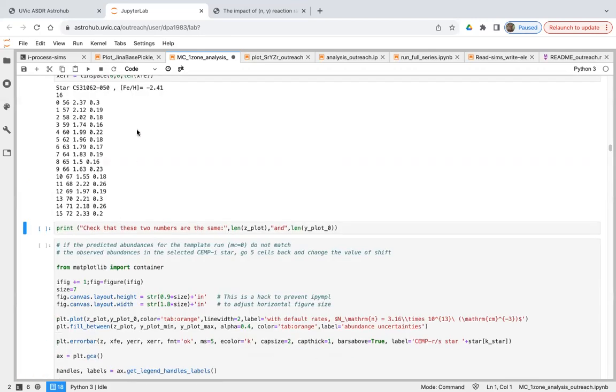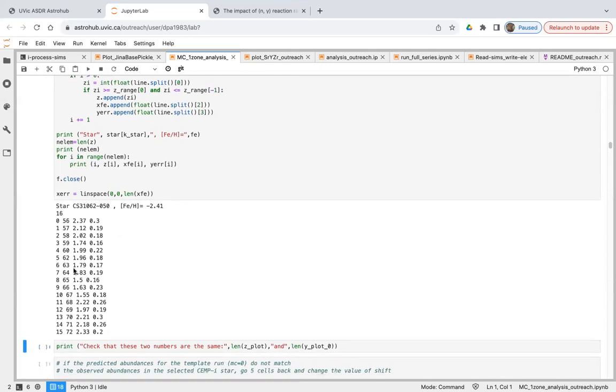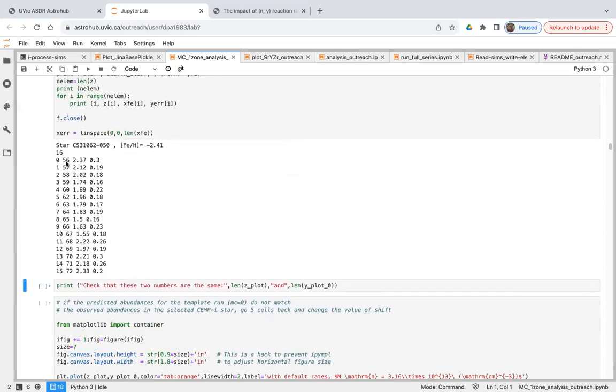These are the abundances in this star. You can see its metallicity, the iron to hydrogen ratio, in square brackets, logarithmic with respect to solar, minus 2.41. There are 16 elemental abundances from barium here.